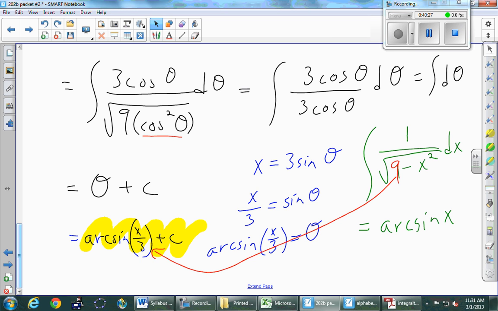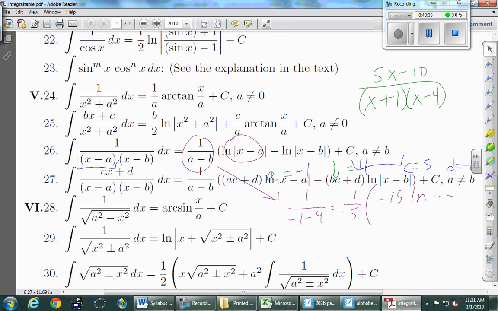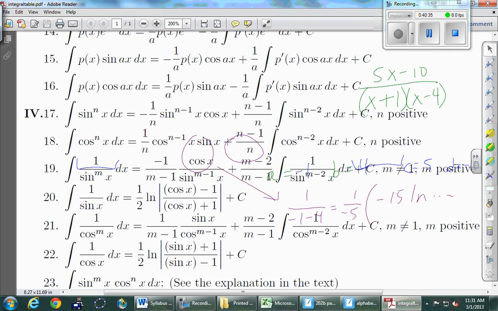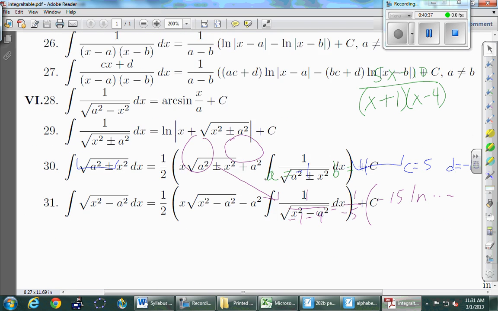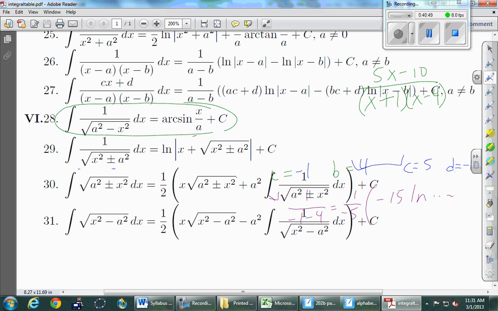Now, you can add another thing to your formula sheet if you want to. It must be here somewhere. It might be down at the bottom. Okay, what did we have again? We had square root of 9 minus x squared. How much was the a? It's 3.